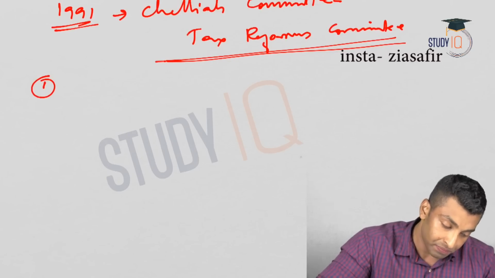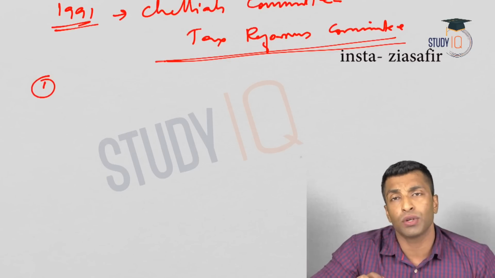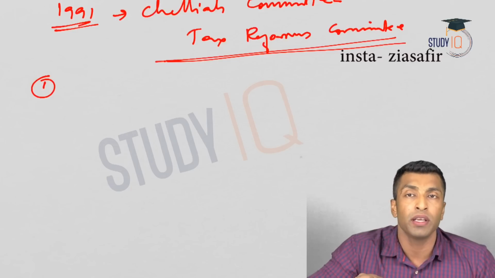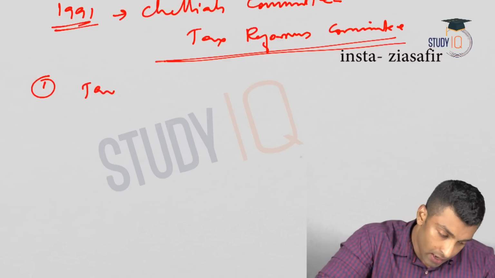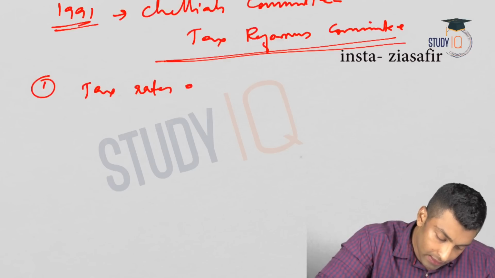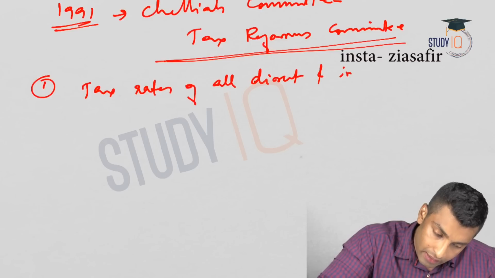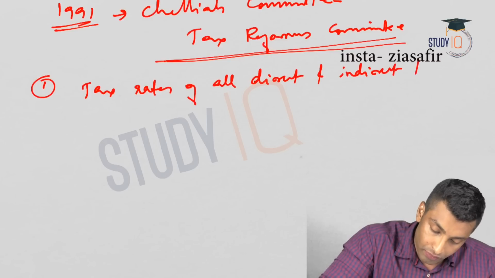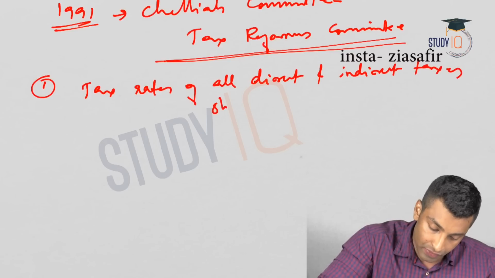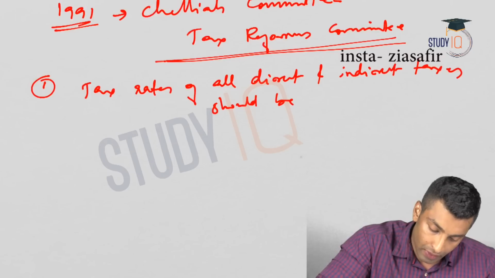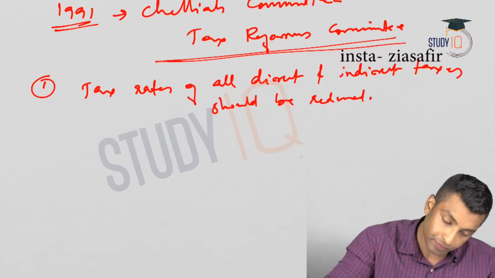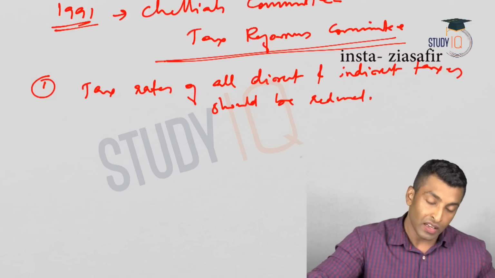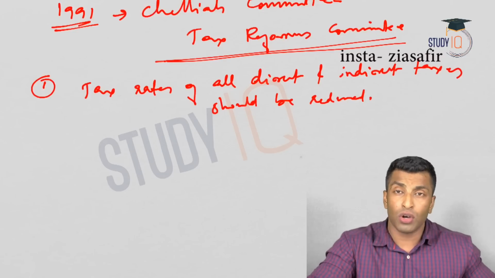The first recommendation is that the tax rates of all direct and indirect taxes should be reduced. See, at that time income tax, you know how much it was?